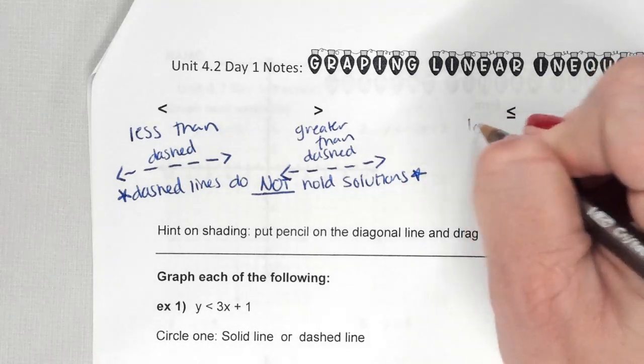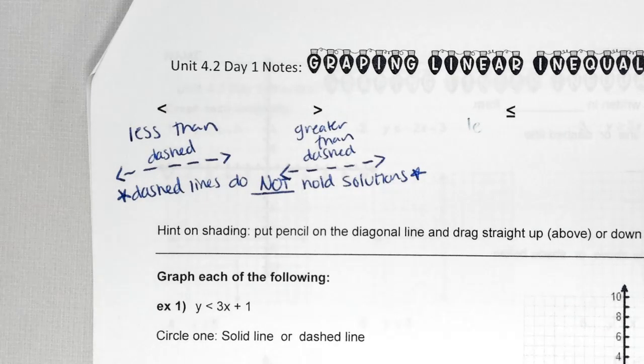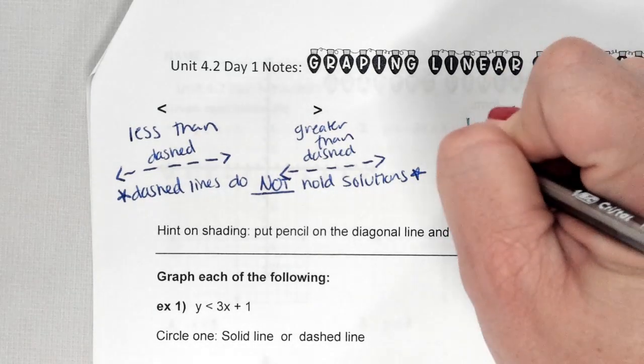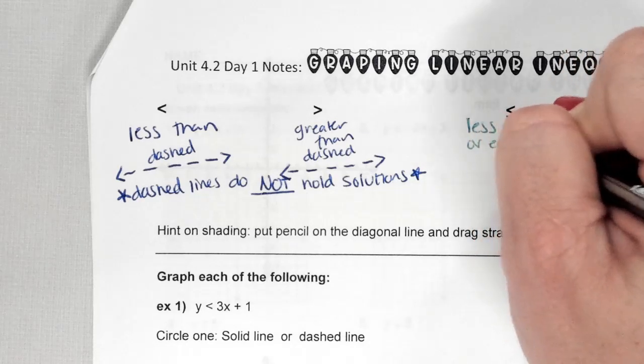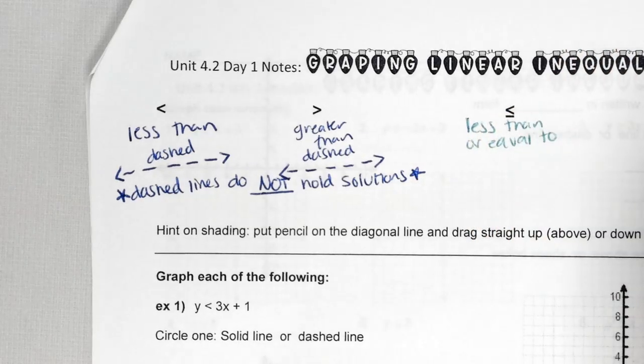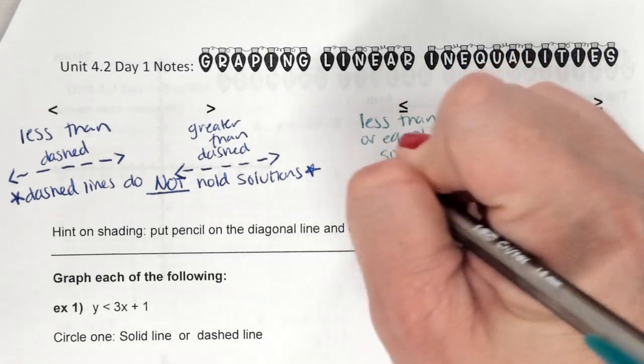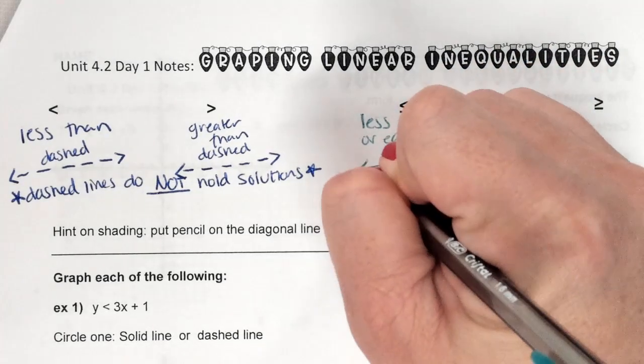Okay, so this is, whoa, less than or equal to, because it has the line underneath. Okay, we graph that with a solid line because of the equal to.